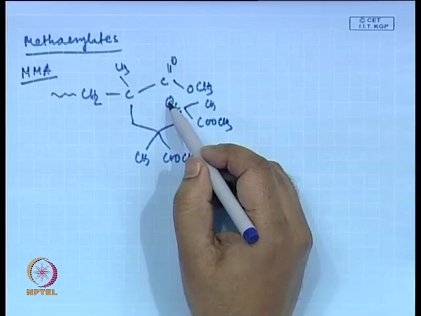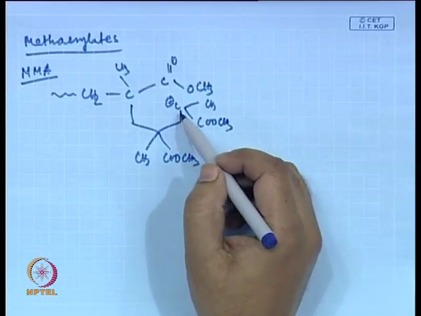Okay, this is the chain end where you have a carbanion.